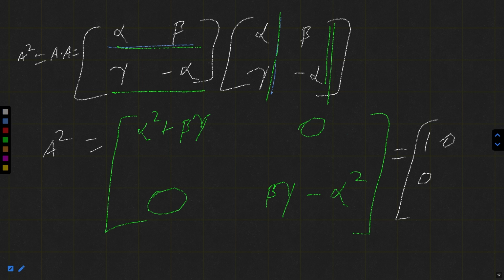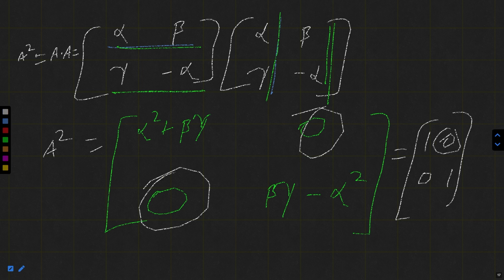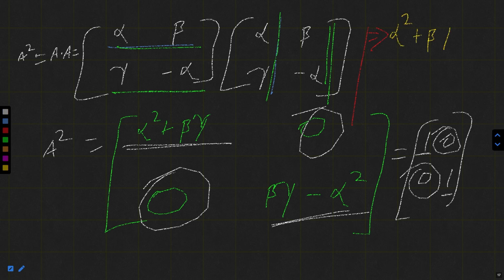As you can see, these respective entries follow the equality of matrices. This means this must be equal to this and this must be equal to this. So from this you will have alpha square plus beta gamma is equal to 1, and you will also have beta gamma minus alpha square is equal to 1.